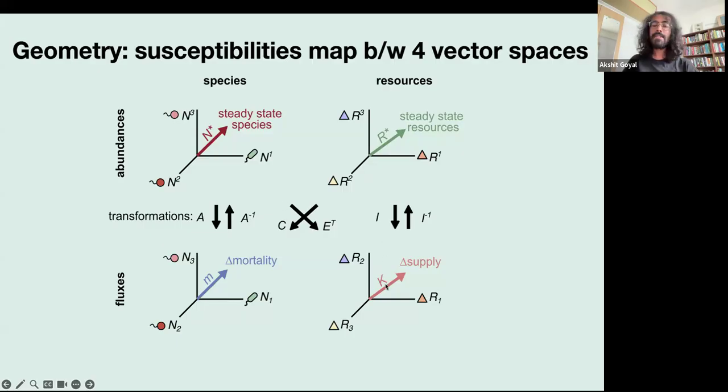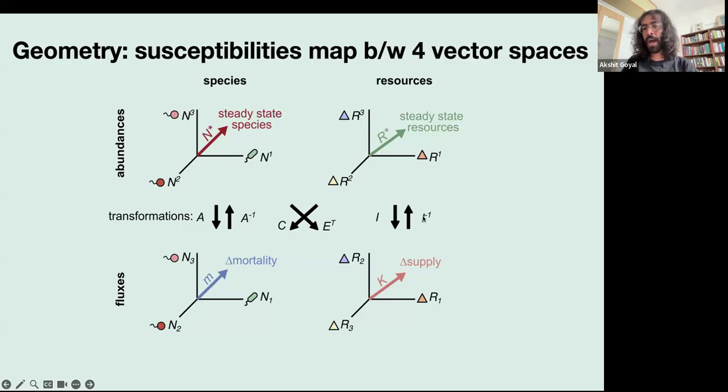All this means is that if I want to ask what is the impact of supply on species abundances, I have to take this circuitous route from supply to resource abundances to mortality rates, all the way up to species abundances. And when I do this, I'll pick up these transformations.